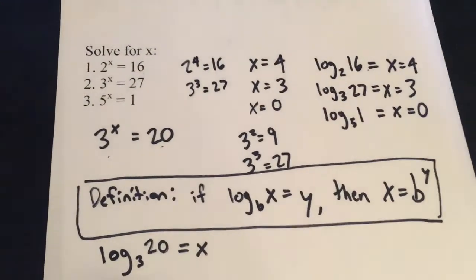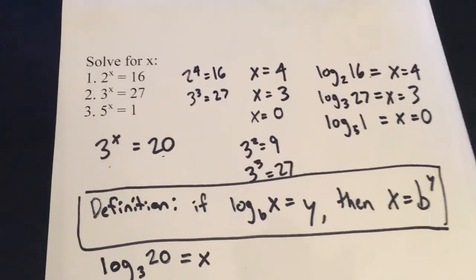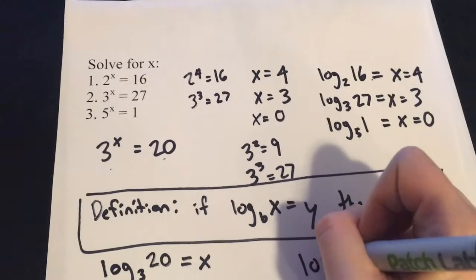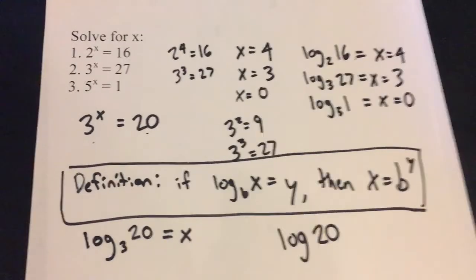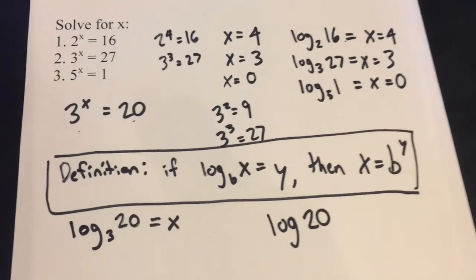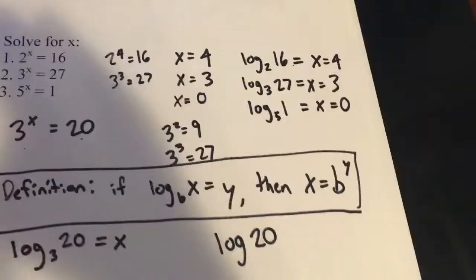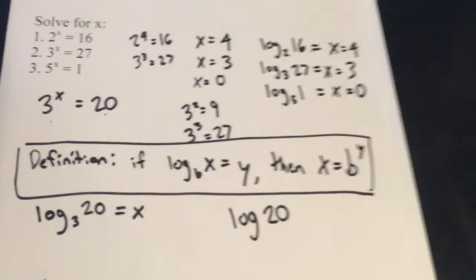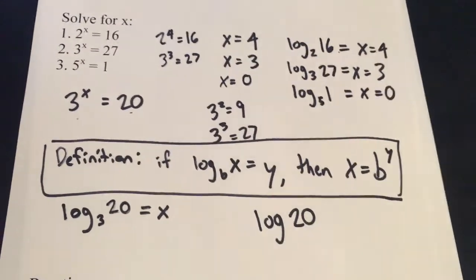You'll sometimes see equations written without a base, so you might see something like log 20 with no base written in. If there's no base, then the default assumption is that the base is 10. Since our number scale is based on tens, we very often deal with exponents where it's 10 to some exponent.